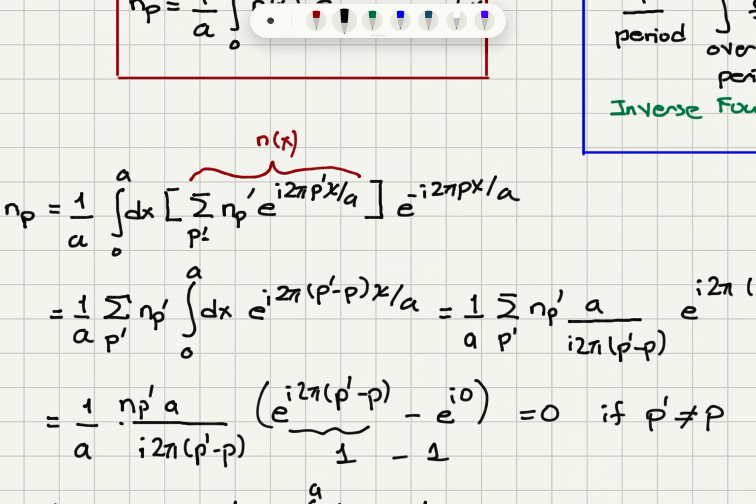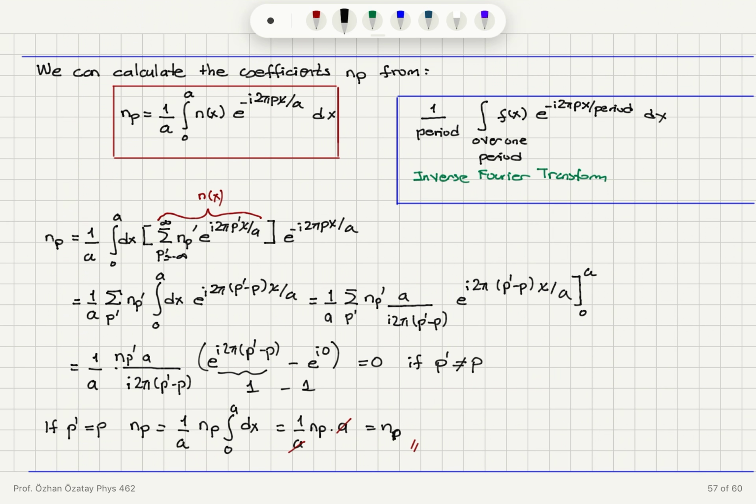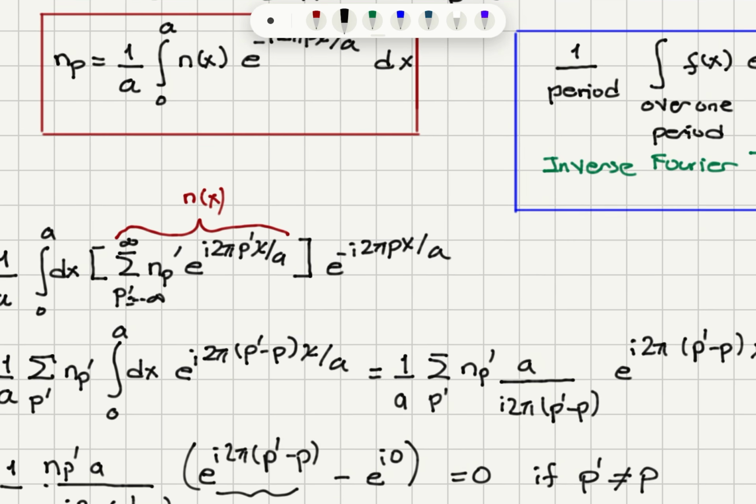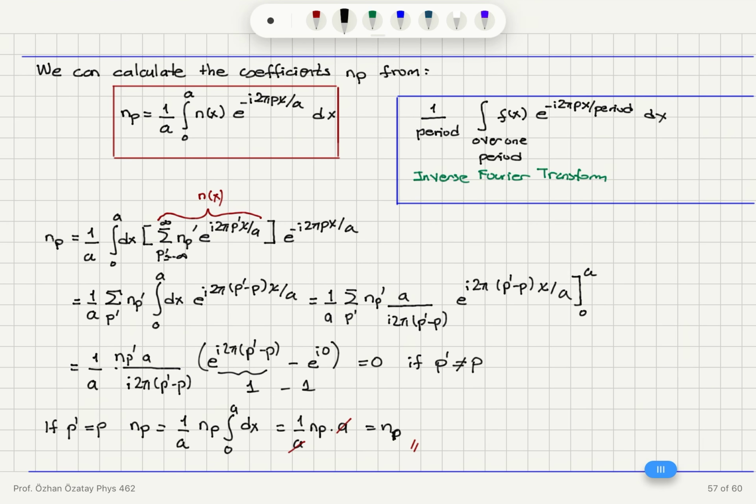So this becomes the sum over p prime from minus infinity to plus infinity of n_p prime e to the I 2 pi p prime x over a. And then I have in the Fourier transform e to the minus I 2 pi p x over a.